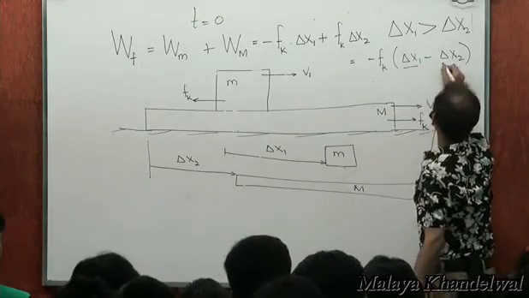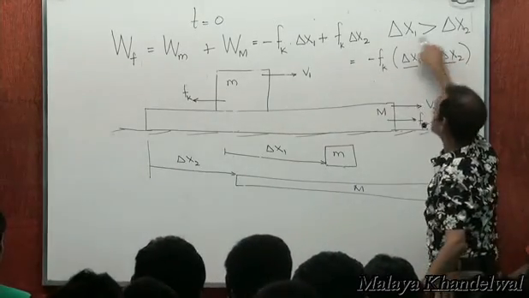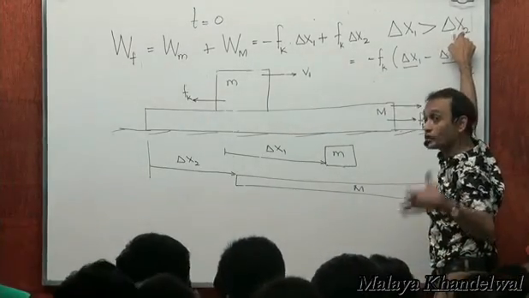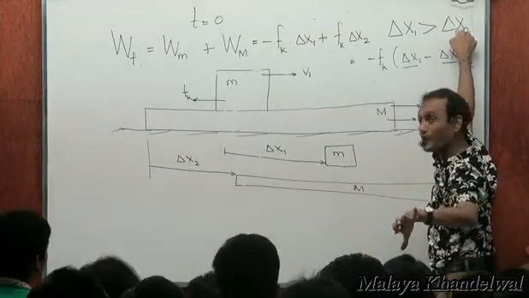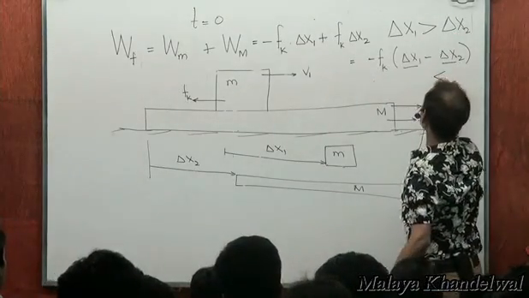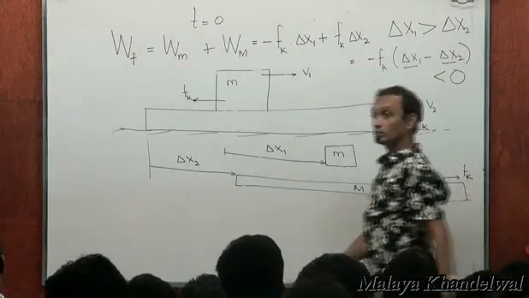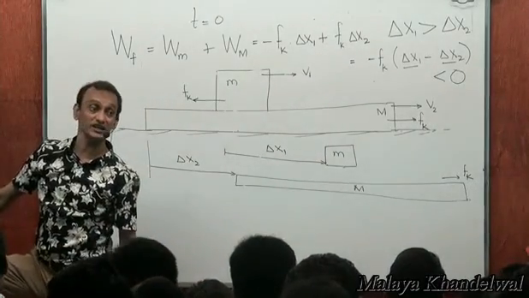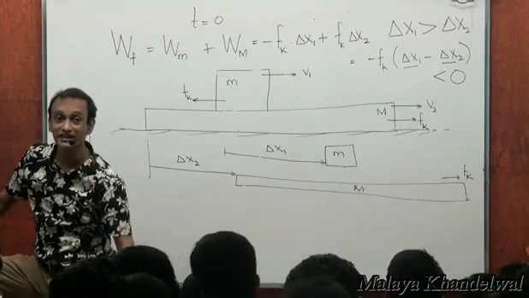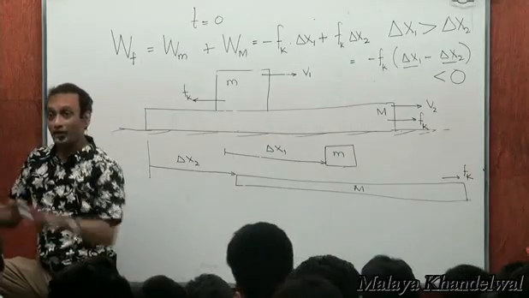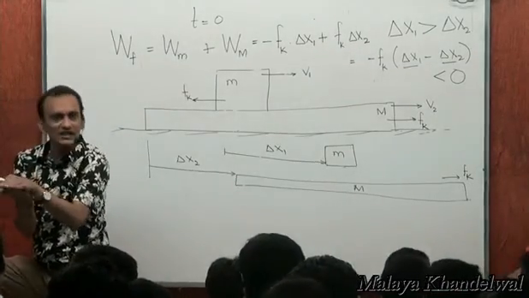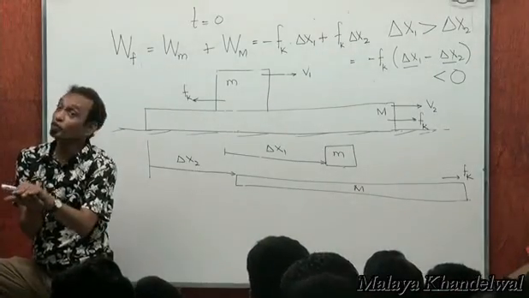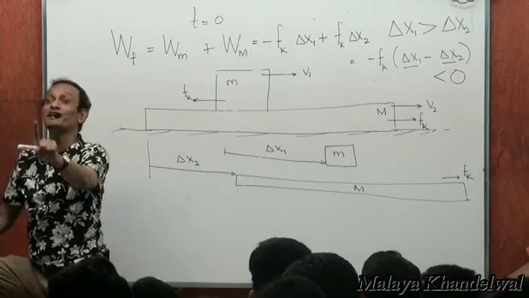But delta x1 is larger than delta x2 because the upper mass at all times had a higher velocity compared to the lower mass. So this will be a negative number. So the total work done by friction in the event there is relative motion is always negative. If two masses are rubbing against each other, then the total work done by friction will always be negative.